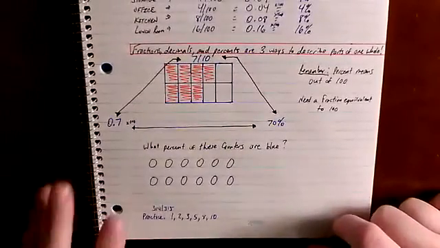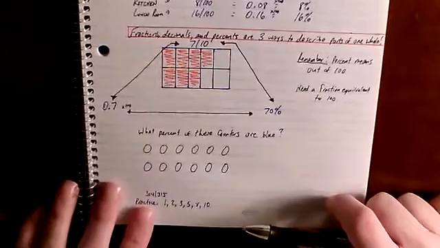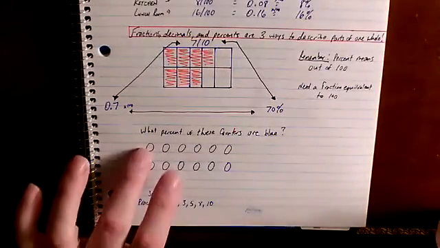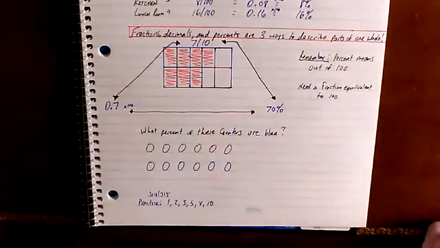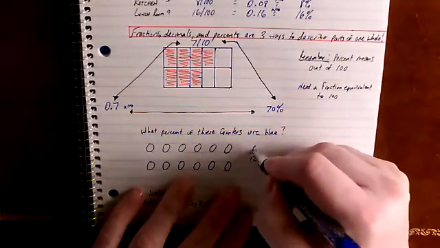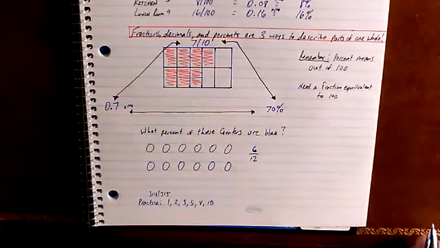Last but not least, we're going to take a look at what percent of these colors are blue. Well, if I take a look at the top, I have 6 out of 12 that are black, and I have 6 out of 12 that are shaded blue. Now here's the thing.